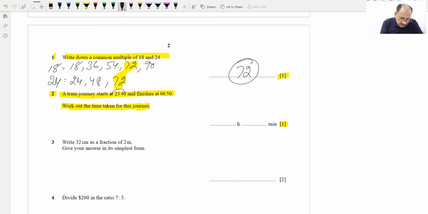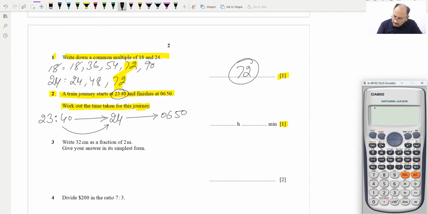Starting from 23:40, we can take the time until midnight, that is 24 hours, and then from 24:00 to 06:50, and we can use the time button on the calculator for that.